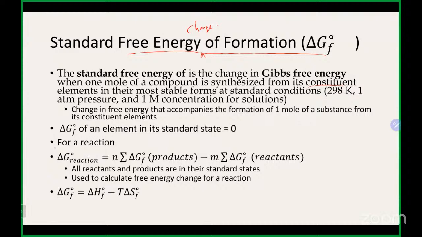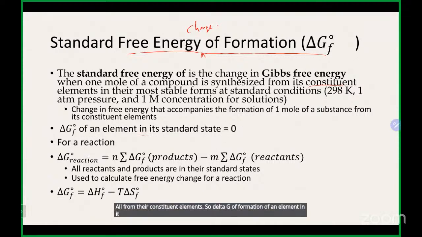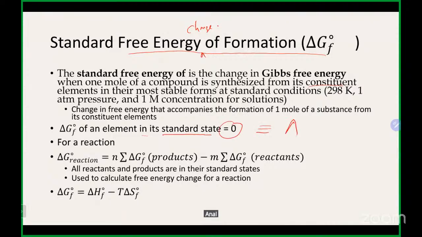So delta G of formation of an element in its standard state is 0, analogous to the delta H of formation of elements. Different from delta S of elements. Delta S of elements is not 0.